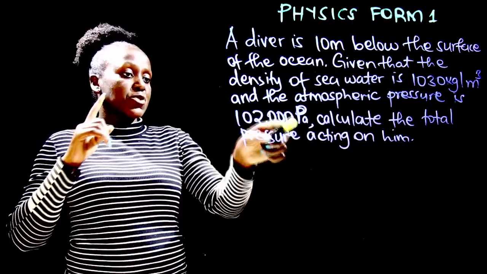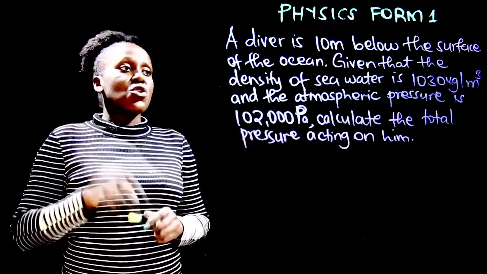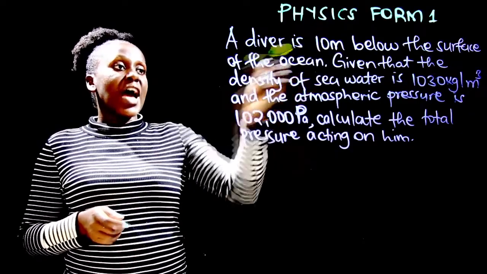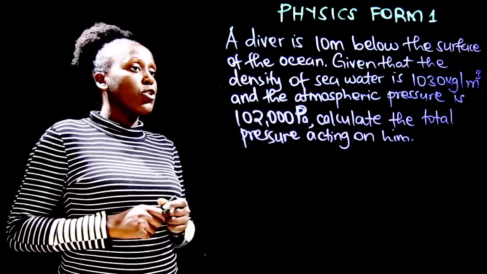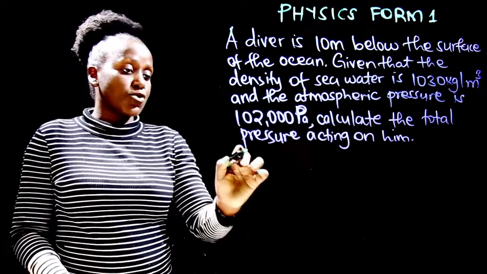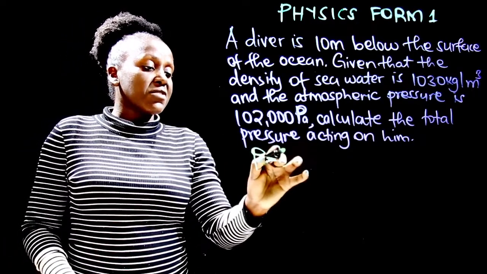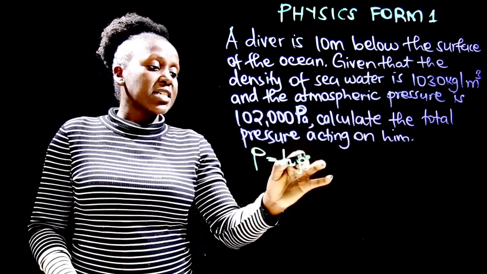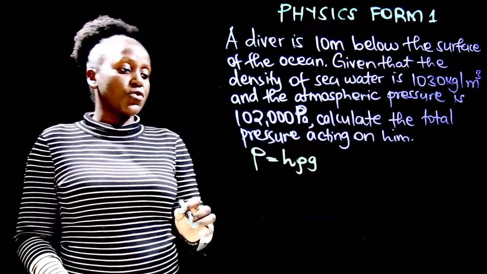Now, in this question, we have two types of pressure acting on the diver. One, we have the atmospheric pressure, and two, we have pressure due to the height of the water above the diver. So we are going to calculate pressure due to the water, which is given by height times density times gravitational force.